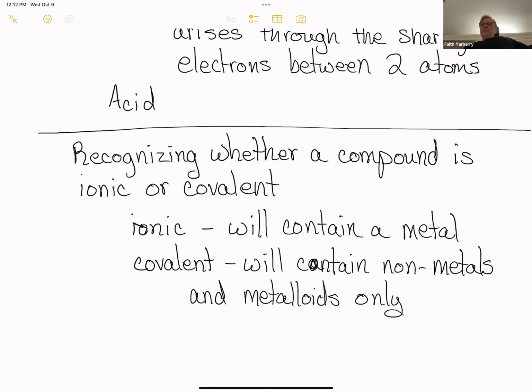For your test on Friday, that is one of the sets of definitions you had to be prepared to recognize: whether you're working with a metal, non-metal, or metalloid.